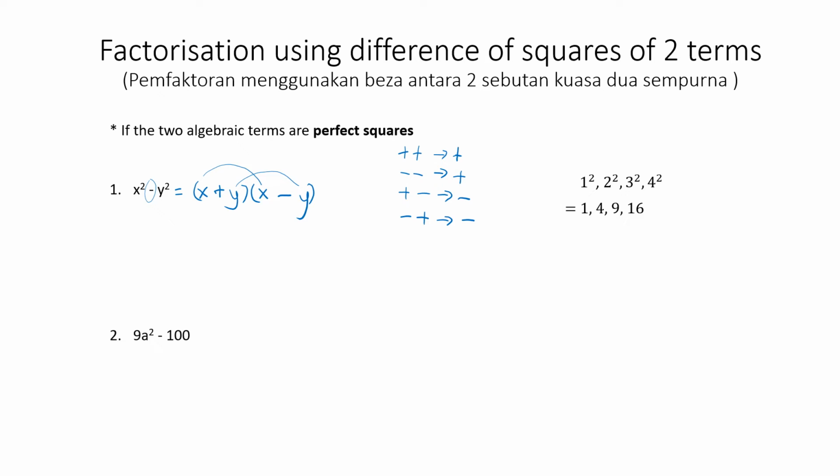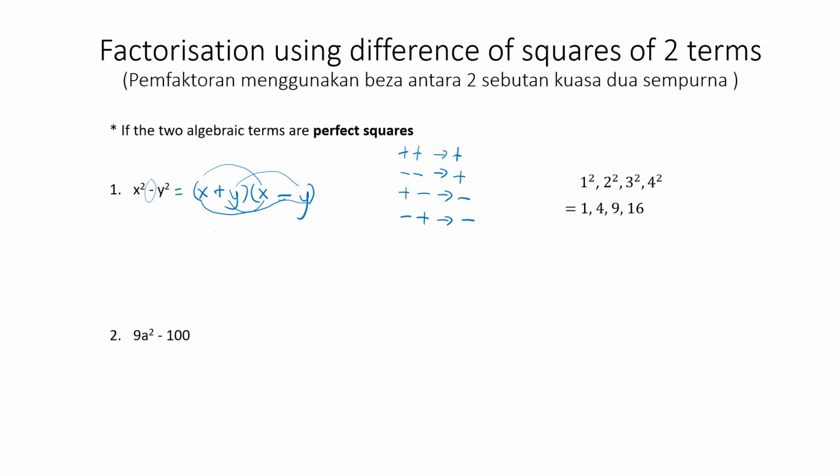For the expansion, you can expand it out to check whether the answer is correct or not. x multiplies x, you get x squared, and then x multiplies with negative y. I'm sorry, it's negative y, so you will get negative xy, and y multiplies with x, you will get positive xy.